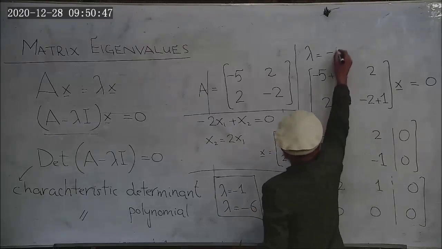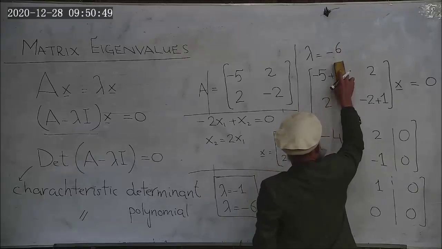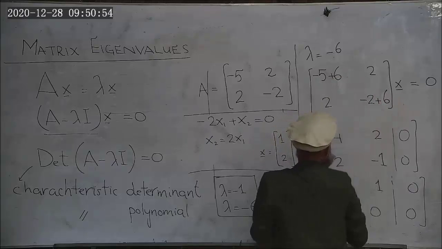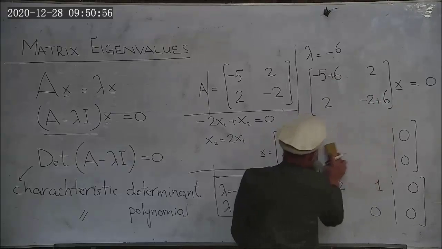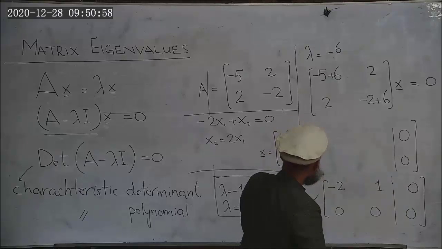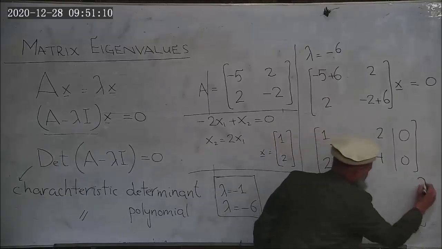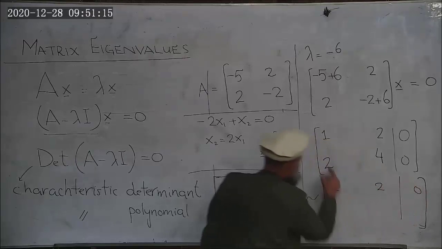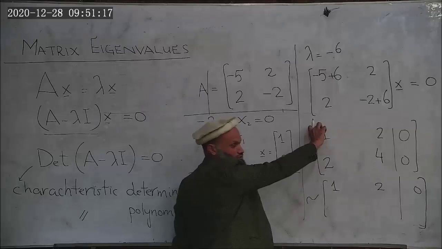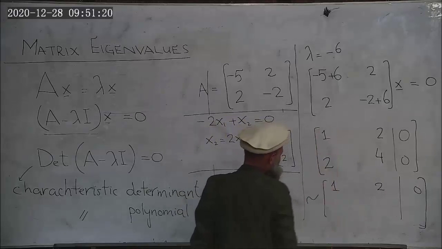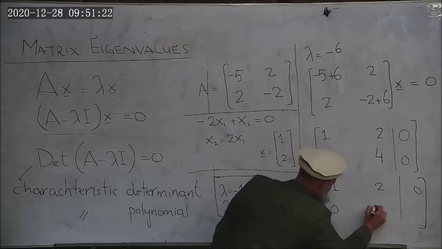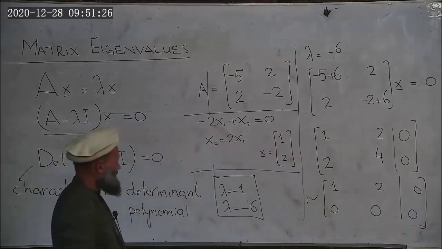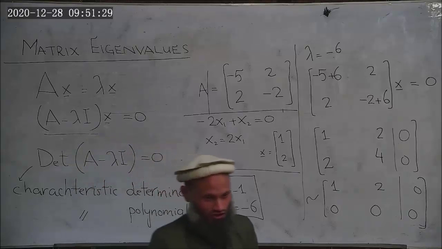So here you have -6, and then you have this augmented matrix. This augmented matrix can be reduced into this form. Multiply this first row by 2 and add it to the second row, so you get 0, 0 over here, and the corresponding eigenvector can also be determined.